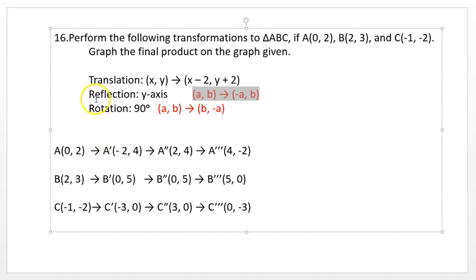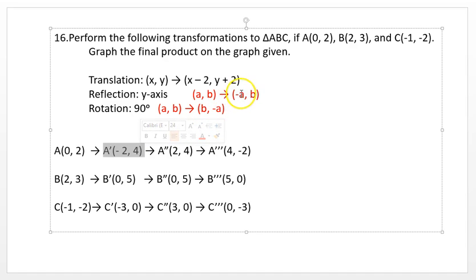So on this reflection over the y-axis, we need to use this rule right here on what you just translated. So this right here, reflect that across the y-axis.